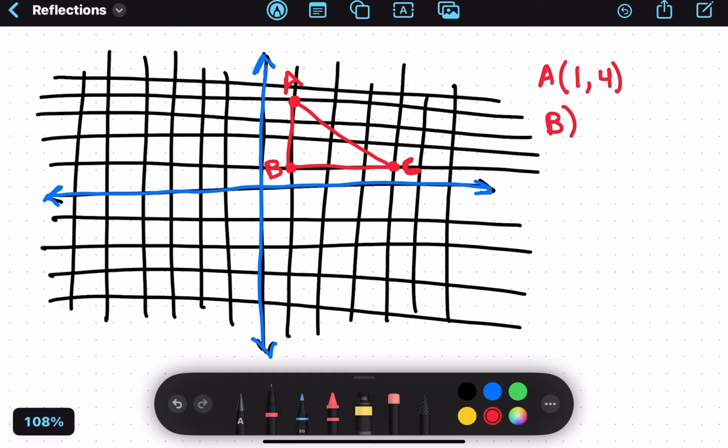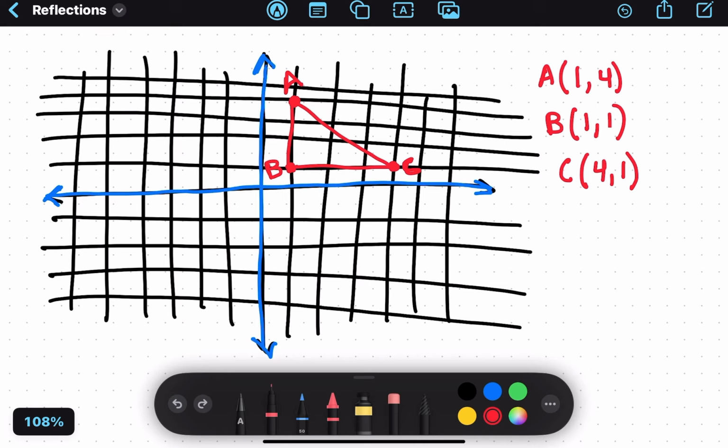Point B is (1, 1), and point C is (4, 1). Okay, so what we want to do now is reflect this triangle across the x-axis. This is the x-axis. So we're reflecting it across that line.